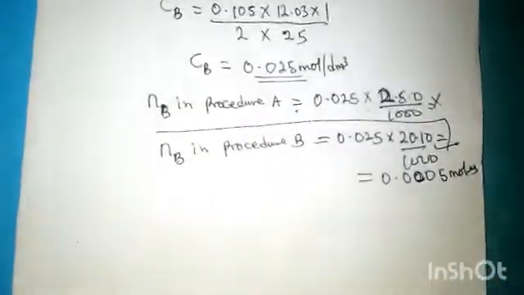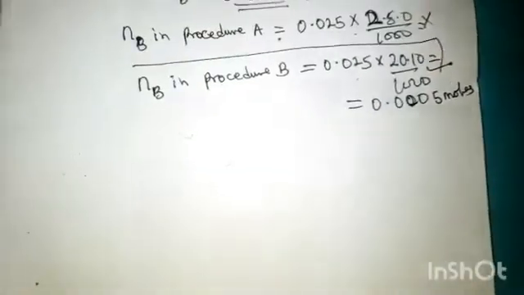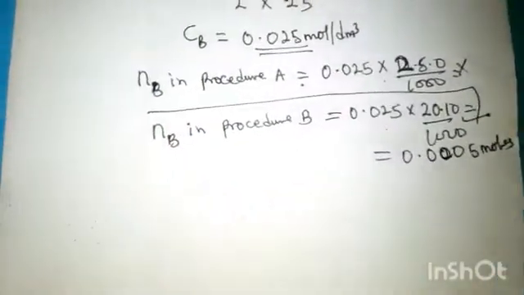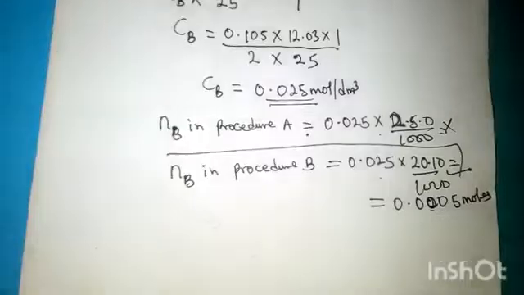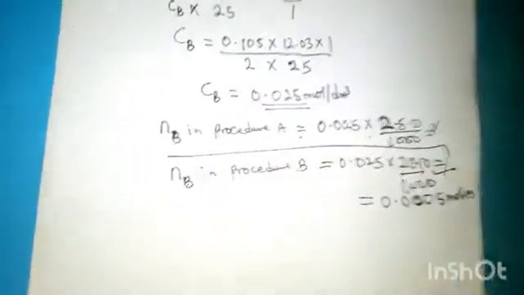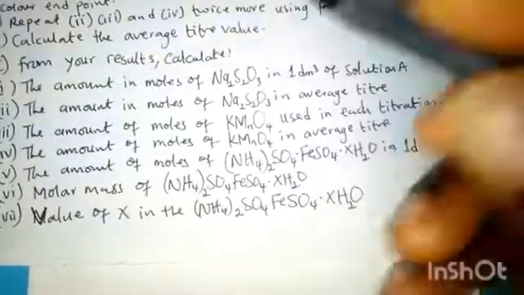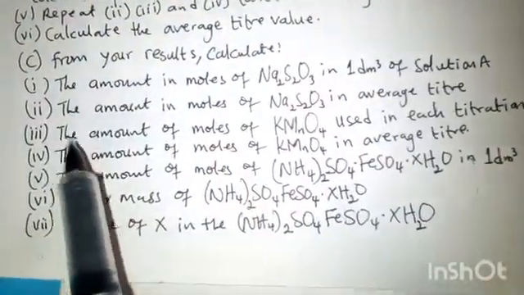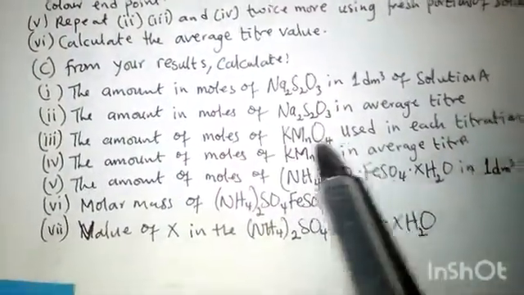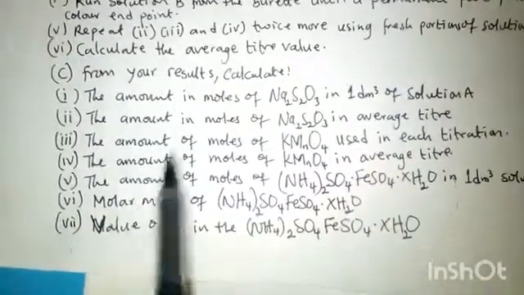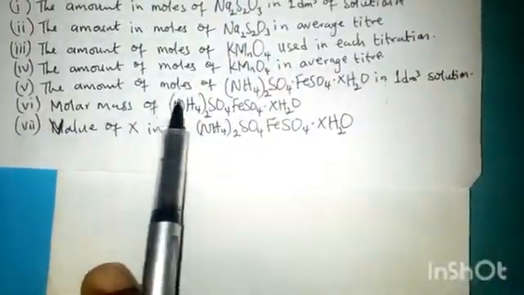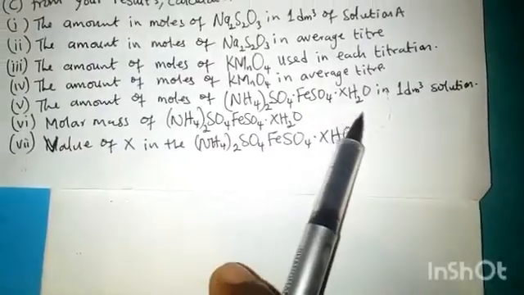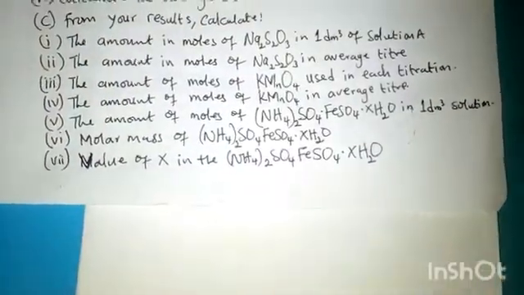So now, as I've said earlier, we want to look at how to calculate the amount of moles of the complex salt in 1 dm cube. So we want to calculate the concentration.